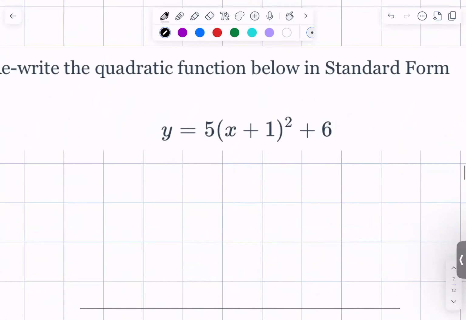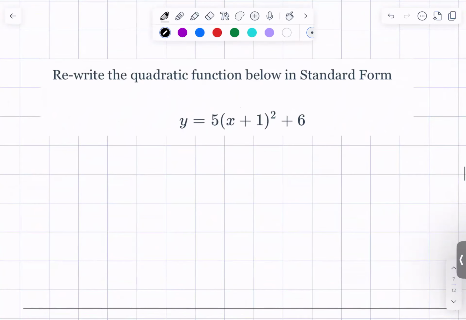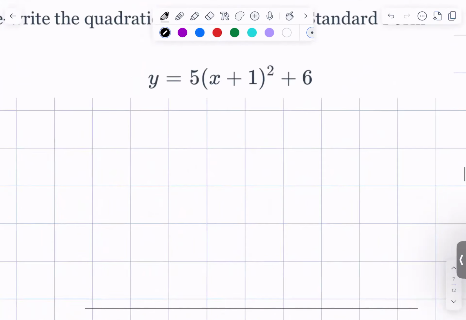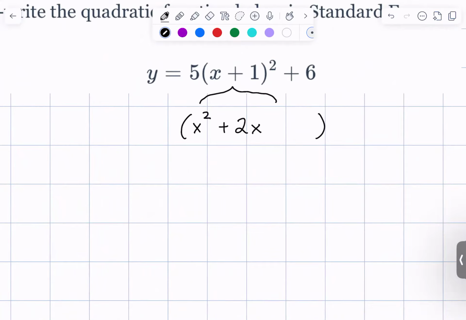So this one is another one. Rewrite the quadratic function below in standard form. If we start off there, x plus 1 quantity squared breaks out to be x squared plus 2x plus 1, dropping down the plus 6, equals y.